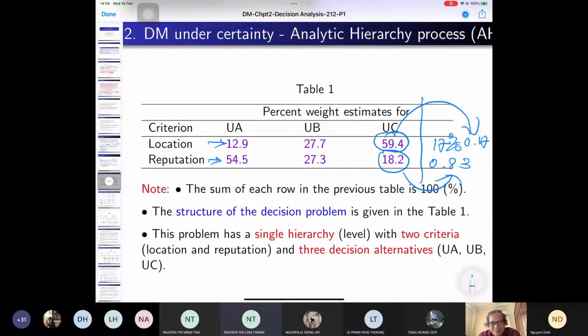Martin should choose the University of A. Sorry, what's your name? My name is Cẩm Thanh. Okay, Cẩm Thanh.